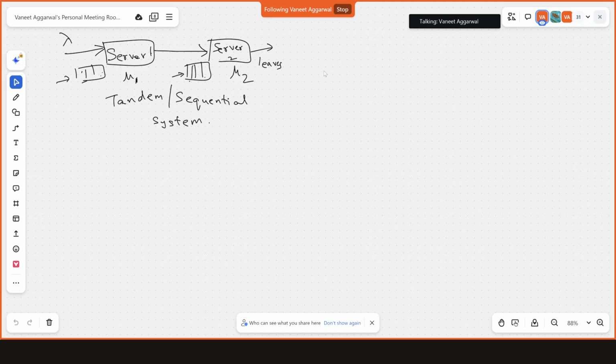Assuming that everything is memoryless, which means the arrival and the service are memoryless processes, exponential and Poisson, it can be shown that the departure process from here is also a memoryless process. So the process of people exiting server 1 is a Poisson process.